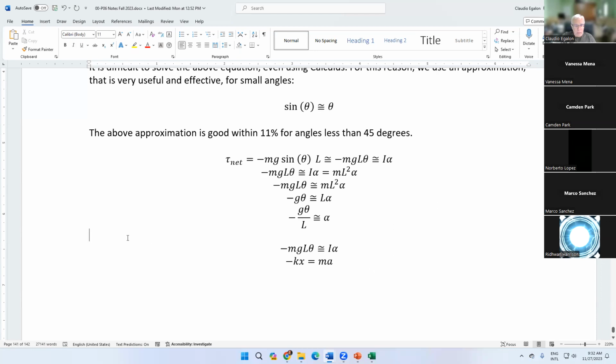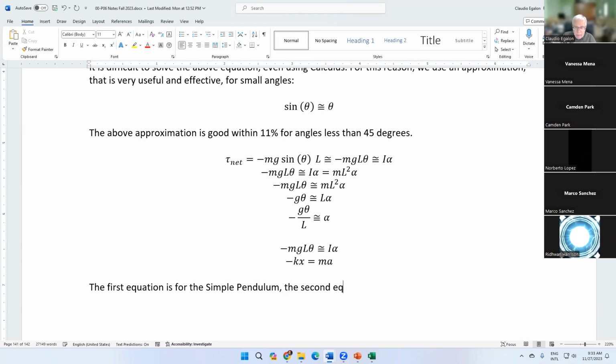Okay? So I'm going to put that the above is for the simple pendulum. The above equation, the first equation, for the simple pendulum, comma.